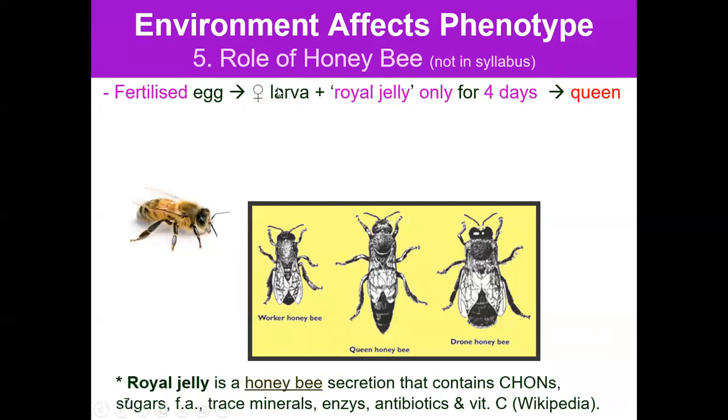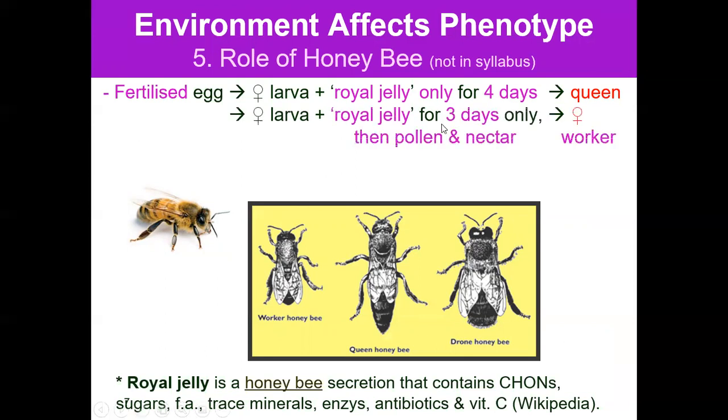If they are fed with royal jelly for 4 days, they will become the queen. But if they are fed royal jelly for only 3 days, and from the 4th day onwards they are fed with pollen and nectar, they become the female worker. Just a difference of food by 1 day, totally different.